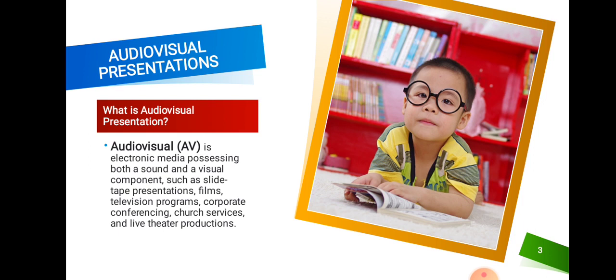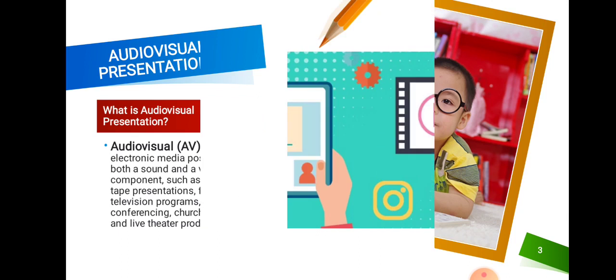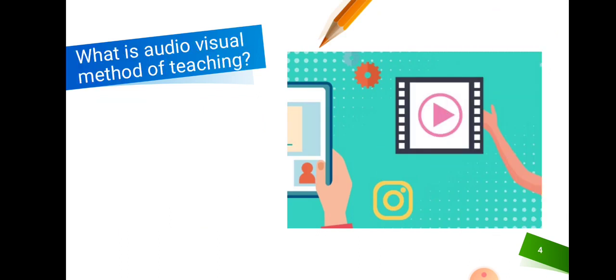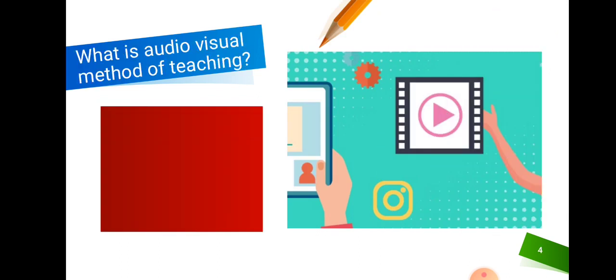Visual are any instructional device that can be seen but not heard. Audio are any instructional device that can be heard but not seen. The next slide is, what is the audiovisual method of teaching?